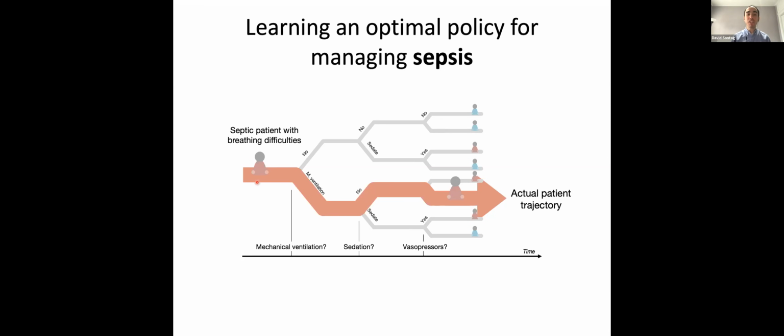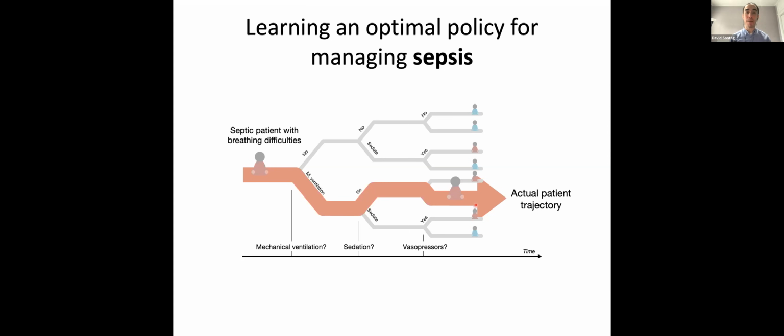And for any one patient, of course, you only observe one set of actions. So for this patient that I'm showing in the orange line here, they receive mechanical ventilation, let's say at time 3 hours. Then they did not receive sedation, and then at let's say 4 hours they received vasopressors and so on.